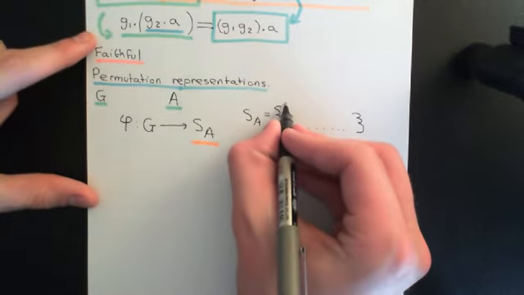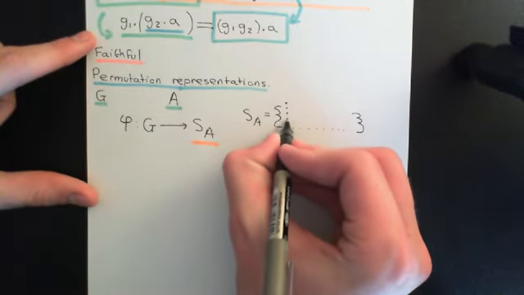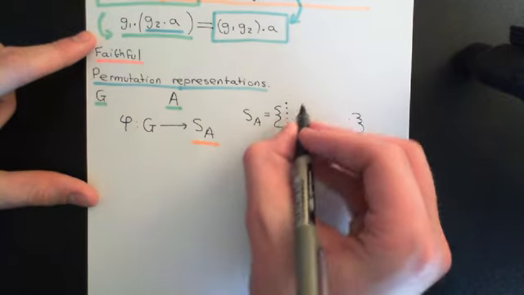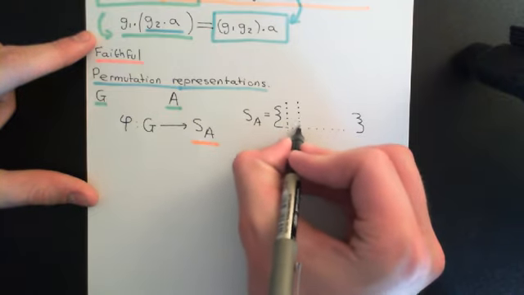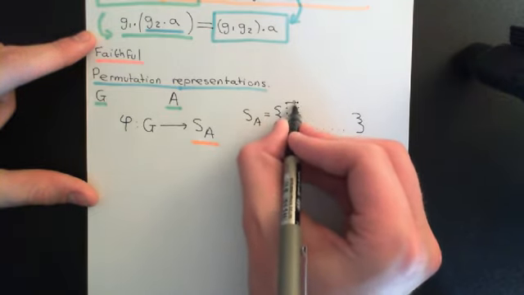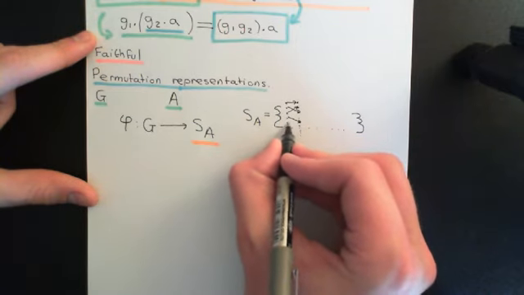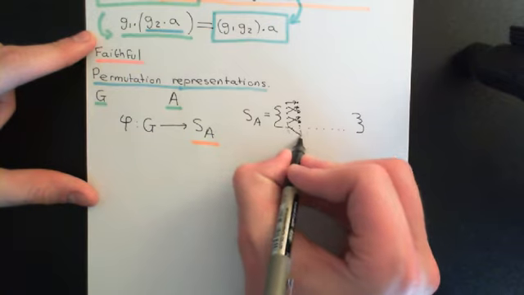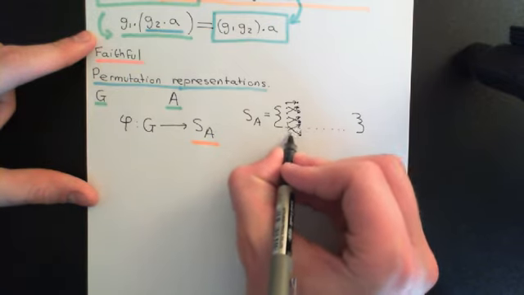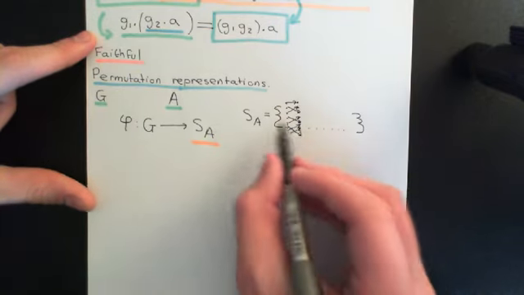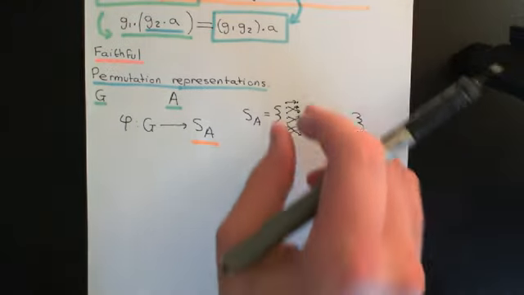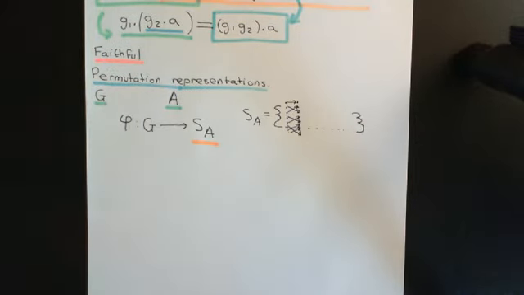You could imagine having all of the elements of the set A here, and then all of the elements of the set here, and then some mapping. Let's say that one goes onto that one, that one goes onto that one, that one goes onto that one. So you've got an actual picture of the set permutation, and you can imagine the elements of your symmetric group on the set A as actually being these pictures of the set permutation.